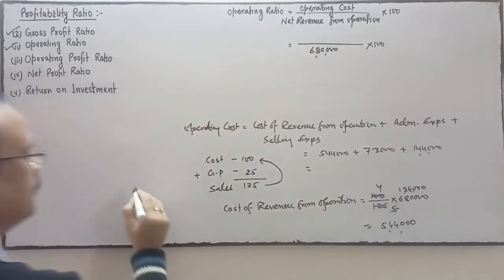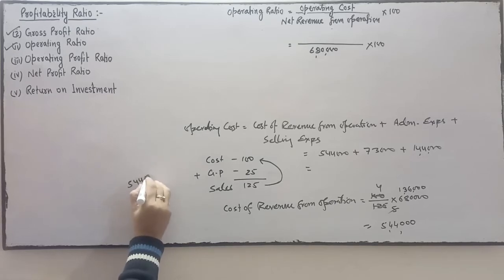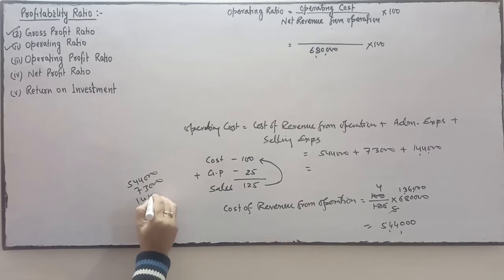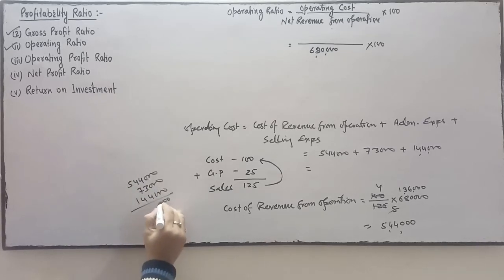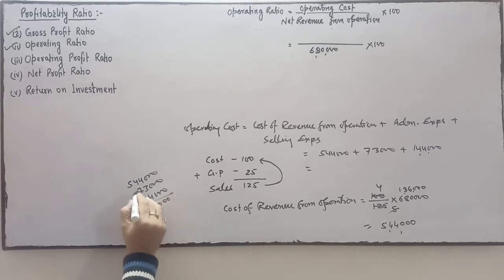So 5,44,000 plus 73,000 plus 1,44,000. Total is 7,61,000.